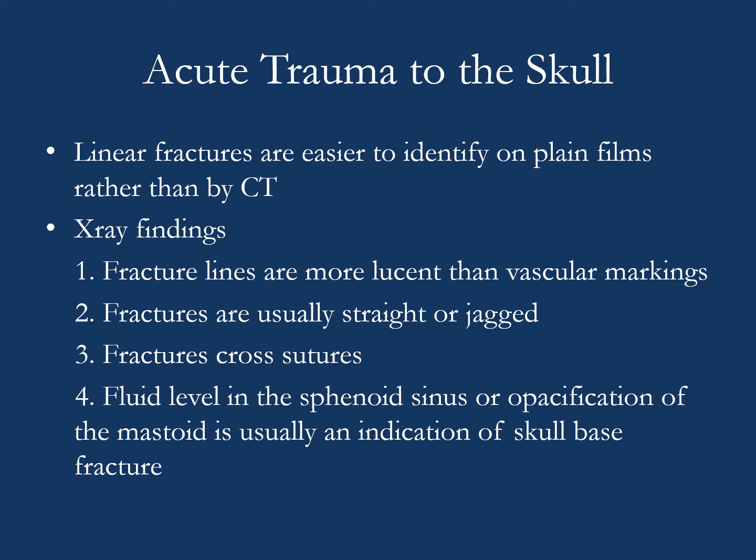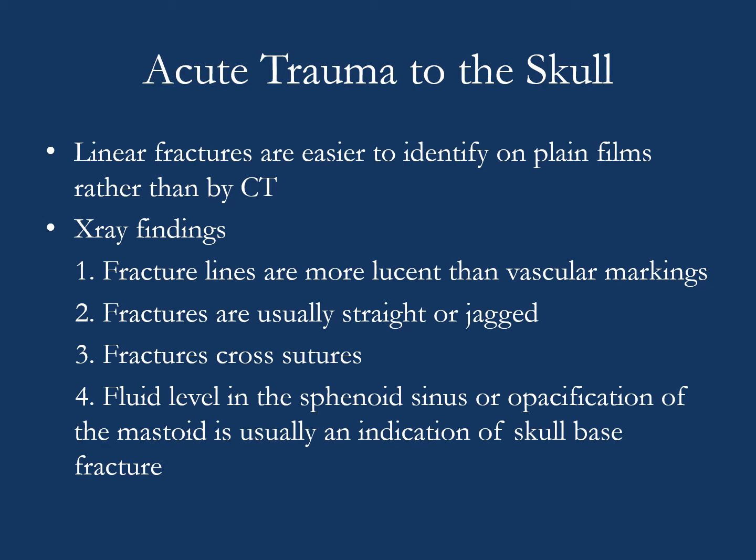Acute trauma to the skull. So we have to look for fractures. On the skull x-rays, the linear fractures are easier to identify on plain films rather than by CT. And so what are the x-ray findings of fractures?